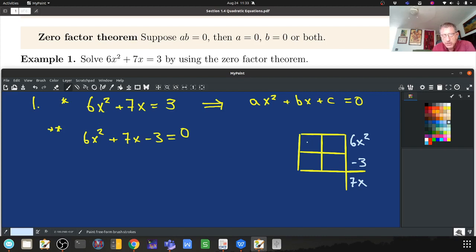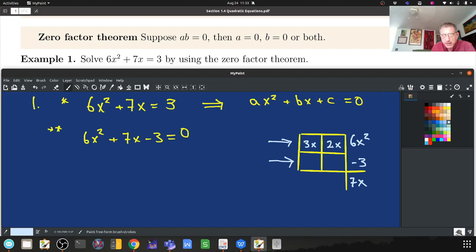So what I have to do is enter in numbers in this row and in this row that multiply to just the coefficient. That's all we're worried about. I'll make it easy for you. I'll put 3x and 2x in here.